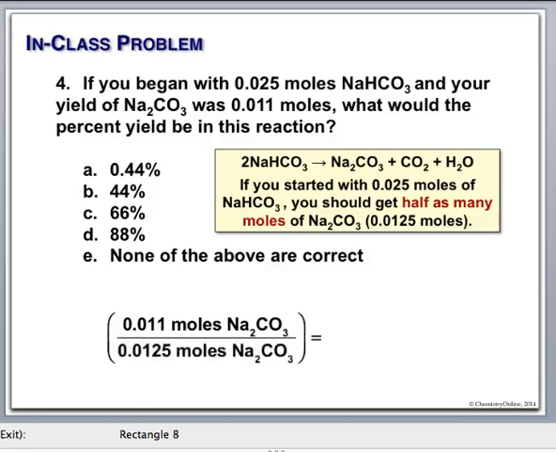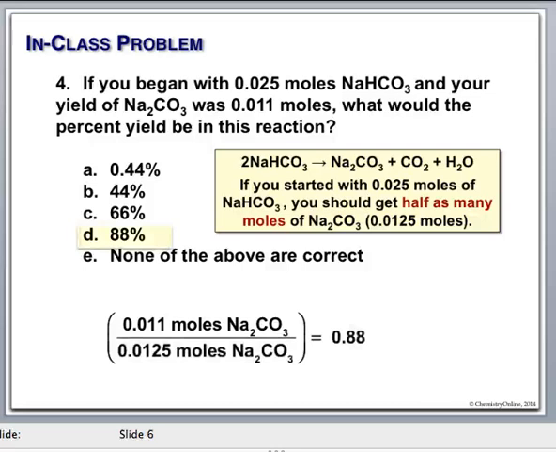To calculate a yield, you simply take the ratio, multiply it by 100, and this is 88%. That makes sense?